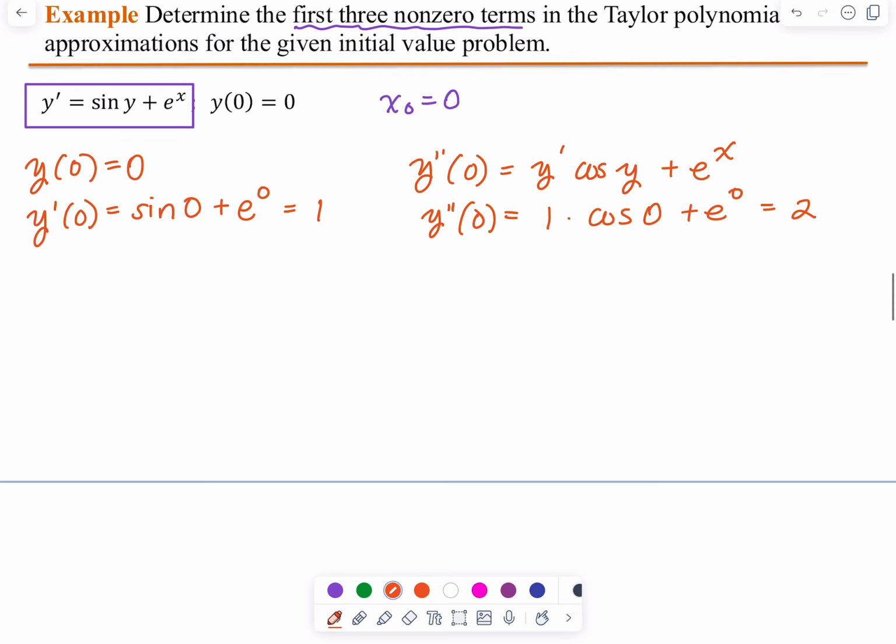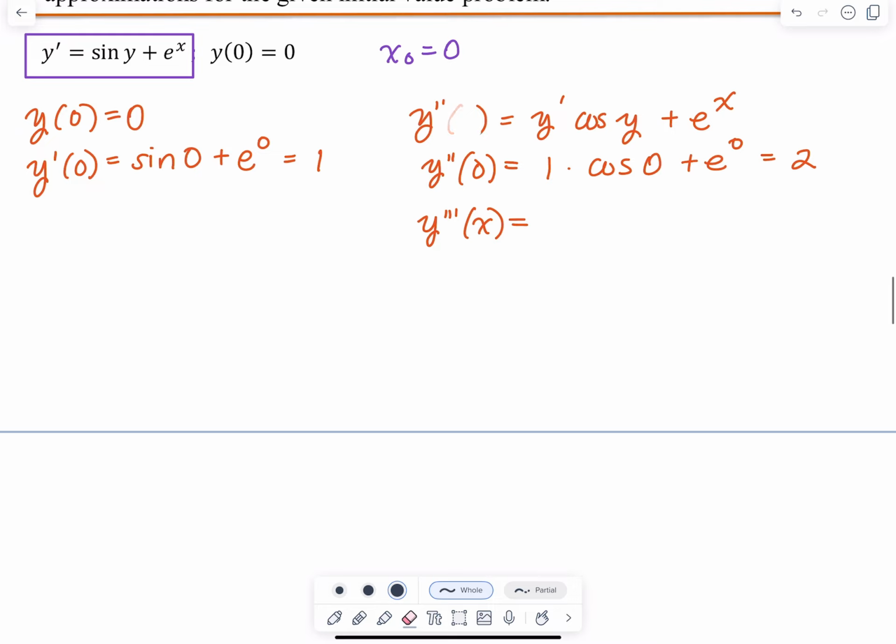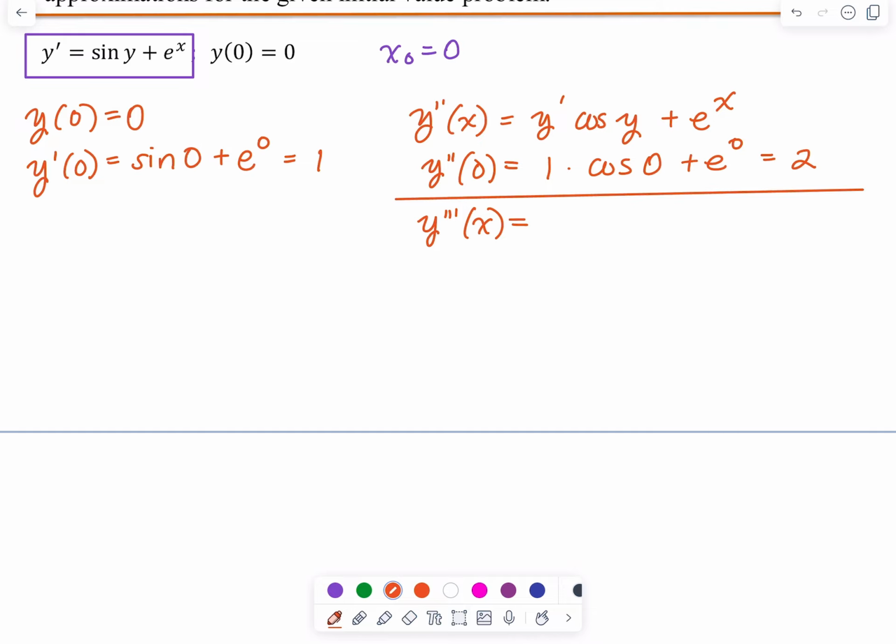Okay, we are going to need the third derivative. So let's find the third derivative. And for that third derivative, we're going to need to use the product rule.